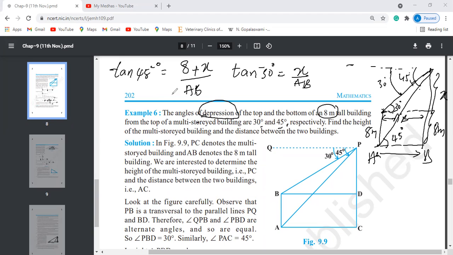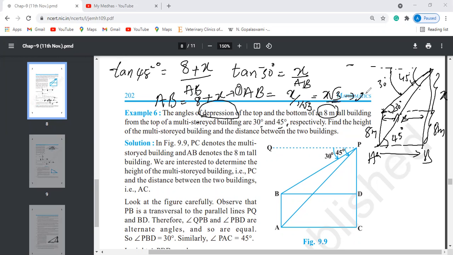So what happens here? So that you will get AB is equal to 8 plus X, because tan 45 is 1. So AB is equal to 8 plus X, this is equation number 1. And here AB is equal to X by tan 30, that is 1 by root 3, or it is X root 3.